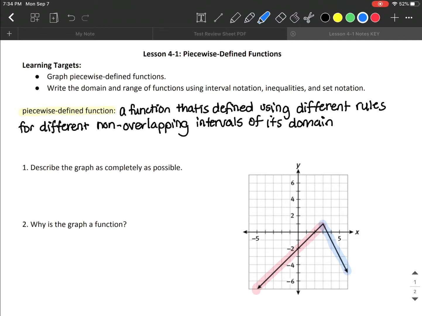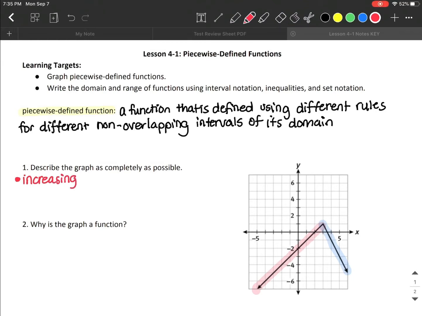I have two pieces of two different lines brought together to be one function, and we call that function a piecewise function. To describe this graph, I'm going to break it down into the different pieces. I'm going to start with the left-hand side. This function is increasing for the red piece.